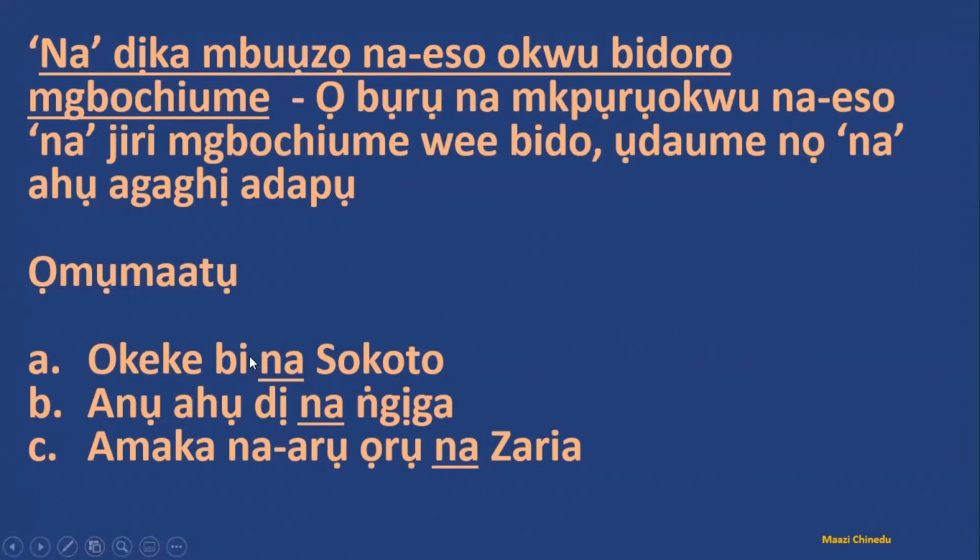In the last slide, we use an apostrophe to replace a because the alphabet that follows a starts with a vowel. But here, the alphabet that follows a starts with a consonant. Therefore, the a will stay.